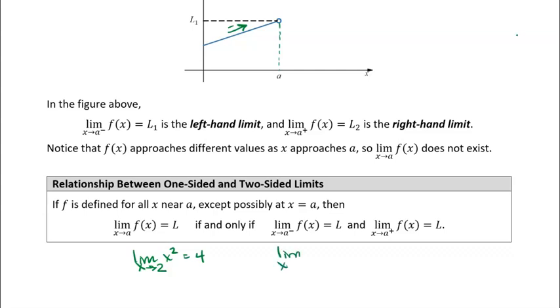The limit as x approaches 2 from the left of x squared is equal to 4, and the limit as x approaches 2 from the right of x squared is also equal to 4. And if both of those things are true, and both have to be true, then we can just write the limit as x approaches 2 is equal to 4.